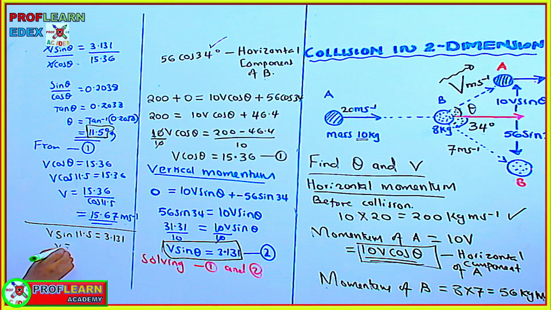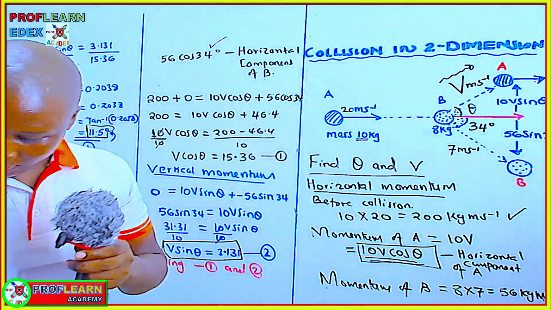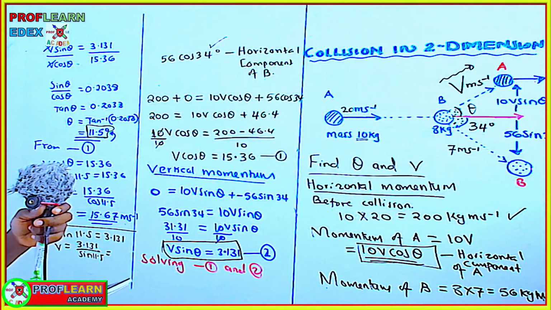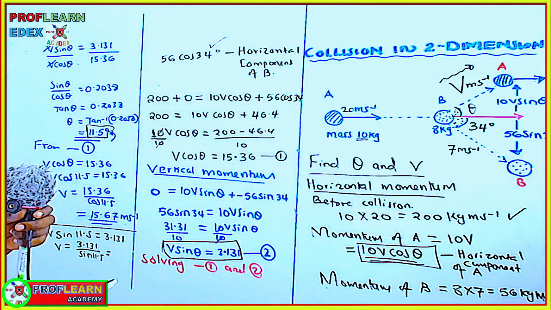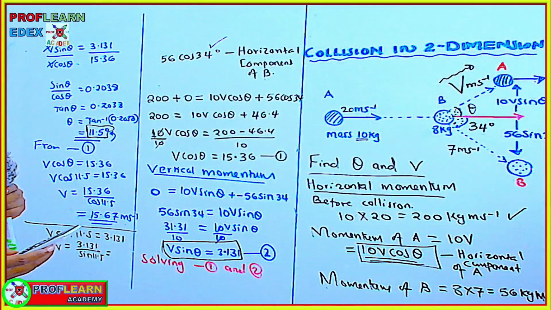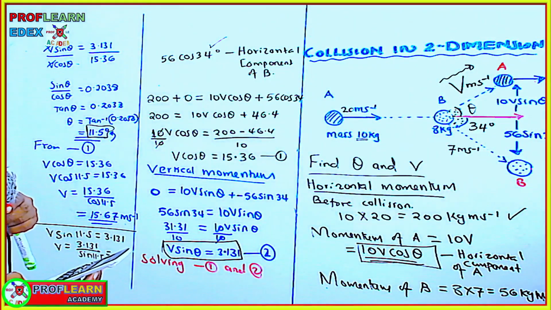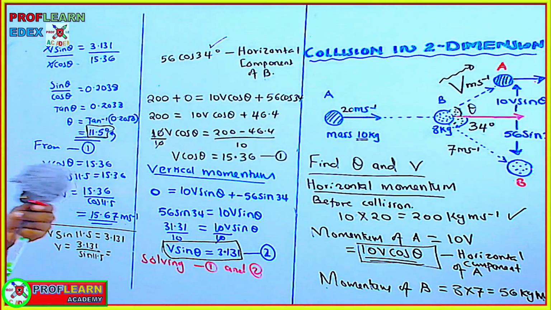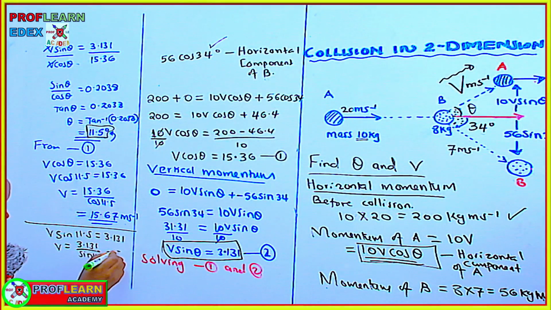So v is going to be equivalent to 3.131 divided by sine 11.5. Let me just put it in a calculator and check whether I'm getting the same answer. Sine of 11.5, I'm getting 15.7, which is actually the same thing. I'm also getting 15.7.